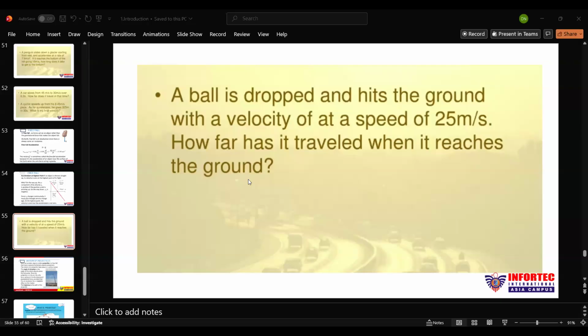Okay, we can move to the next part. Kinematic equations can be applied to projectile motion, right? We will see the next one, projectile motion.